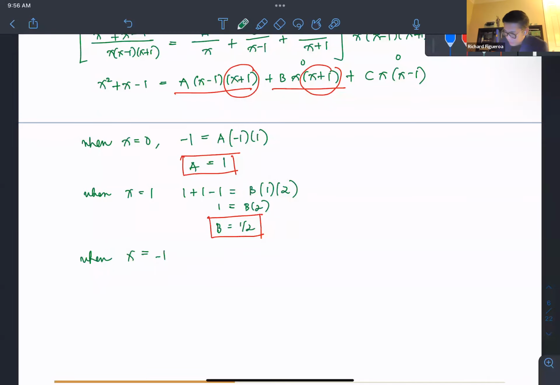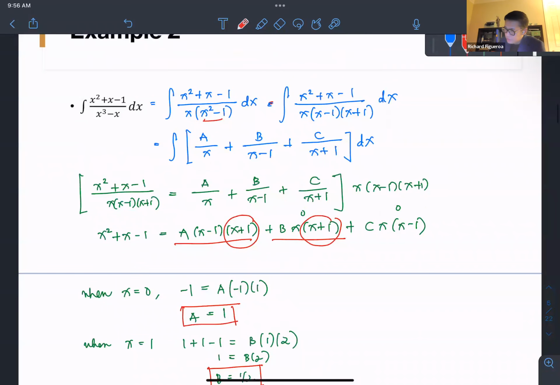So negative 1 squared would be positive 1, then negative 1 minus 1, equals, A and B are 0. So C times negative 1, times negative 1 minus 1, which is negative 2. So 1 minus 1 is 0, plus 1, I'll have negative 1 equals C times negative 2. Therefore C is negative 1/2.